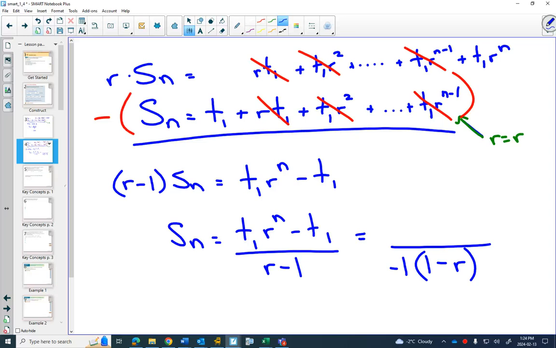And if I factor a negative 1 out of negative 1, I get a positive 1. On the top, if I factor out a negative term 1, that will make this negative term 1 a positive 1. I'm going to write that first because that's how your formula sheet has it. And if I take a negative term 1 out of this, I would get a negative r to the n. Now your formula sheet says, well, a negative divided by a negative, those would cancel out.